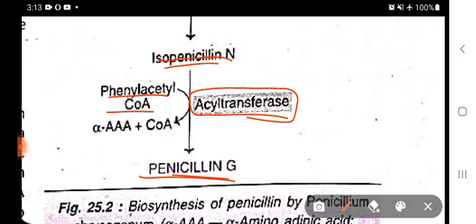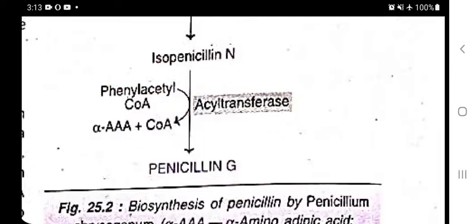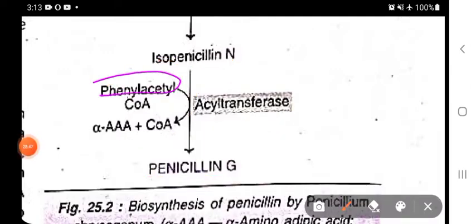Normally, what does acyl transferase do? Acyl transferase exchanges the amino adipic acid with the phenyl acetic acid. So the phenyl acetyl coenzyme, you can see the phenyl acetic acid here. The phenyl acetyl coenzyme means what? It contains this phenyl acetic acid.